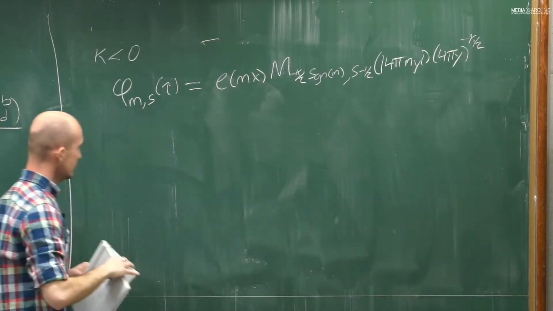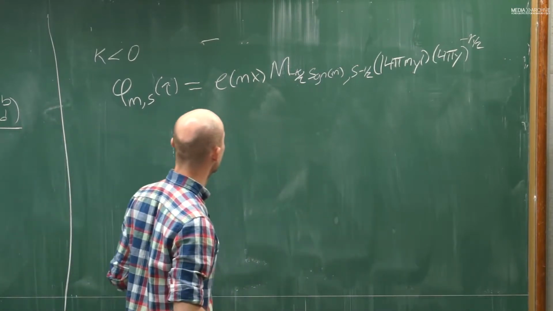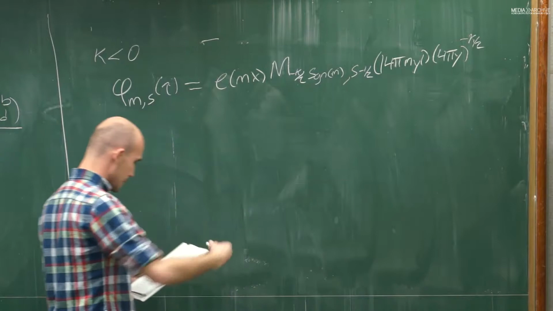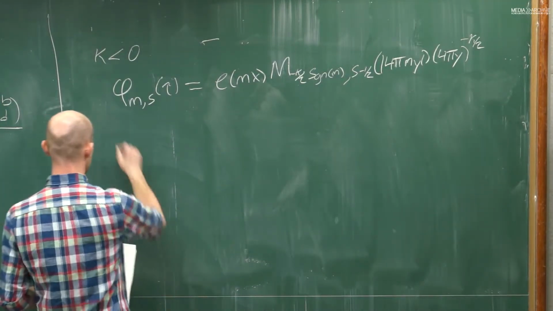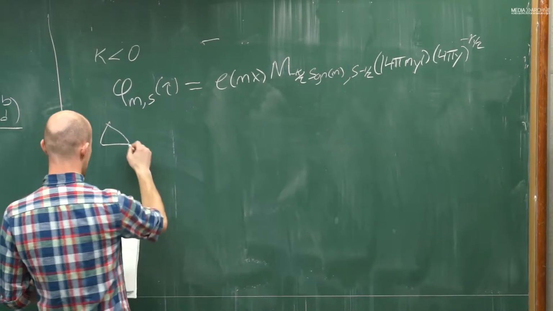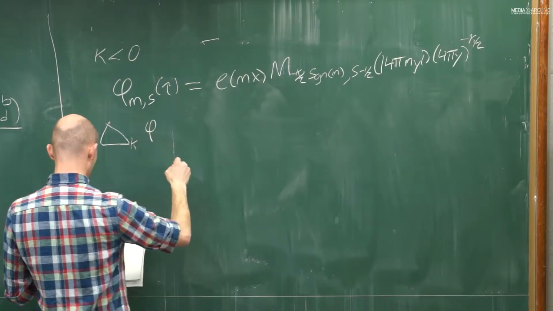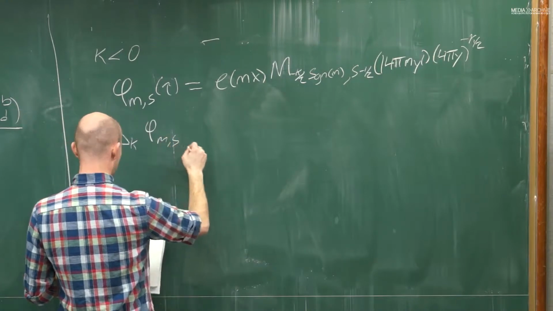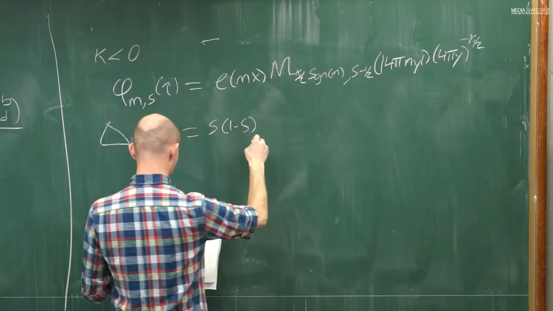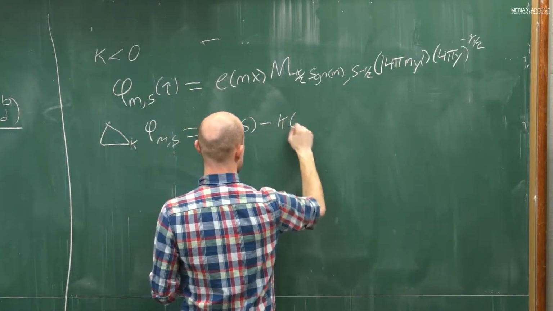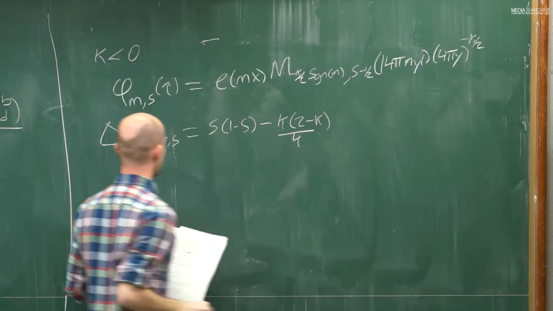The reason that we want to use this function is, first of all, it's an eigenfunction for the Laplacian. The eigenvalue is s times 1 minus s minus k times 2 minus k over 4.